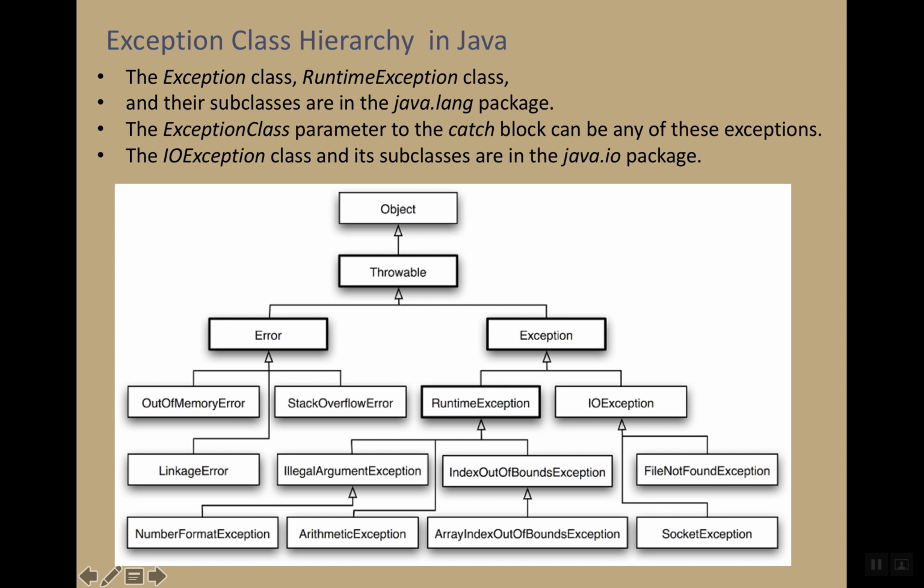Object is the top-level parent class, then Throwable, and then the Error class, which has some other subclasses, and then the Exception classes, which have RuntimeException and IOException. Among runtime exceptions there are IllegalArgumentException, out of bound exceptions, ArithmeticException, ArrayIndexOutOfBoundsException, and among IO exceptions there is FileNotFoundException, like this.